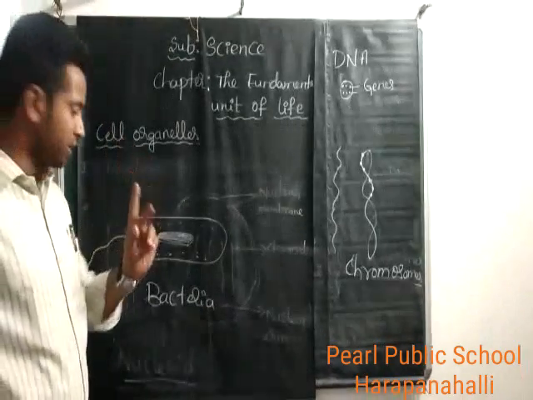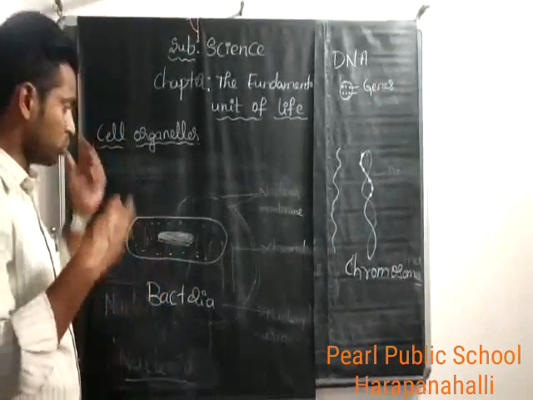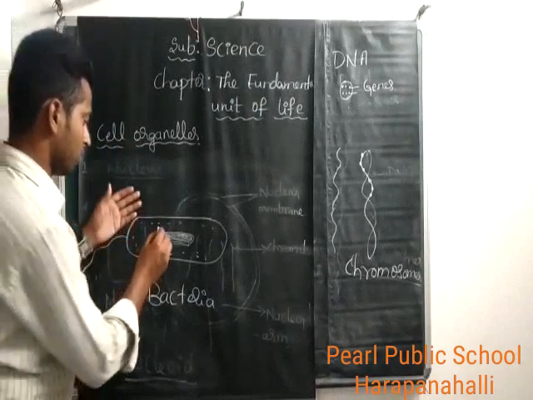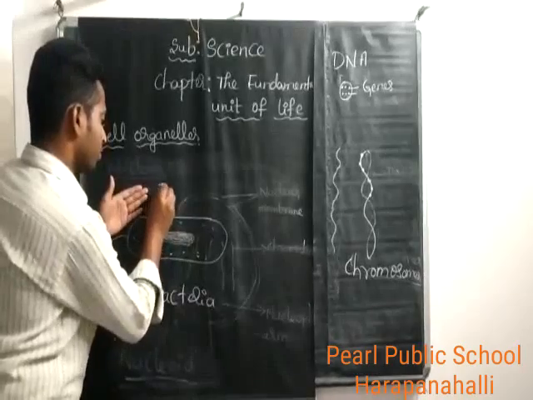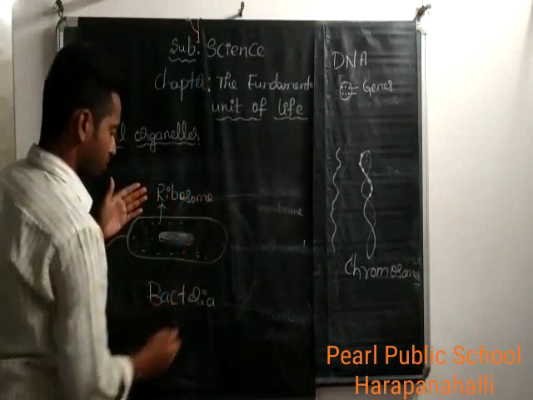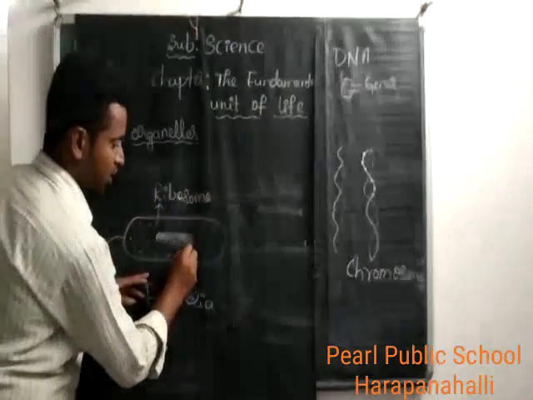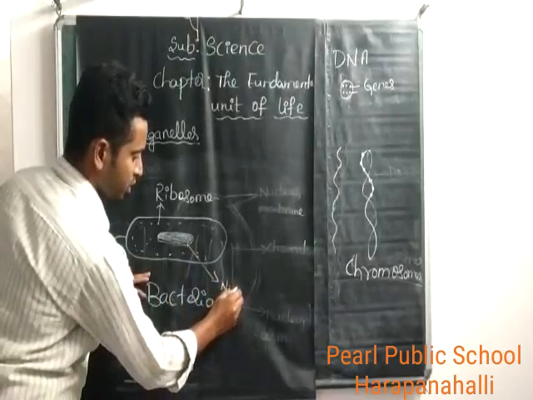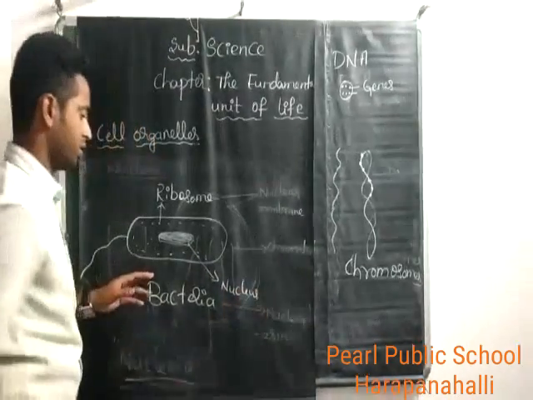This bacteria has only two or three organelles. One is ribosomes. Another one is a nucleus, but this nucleus is not in a defined manner.